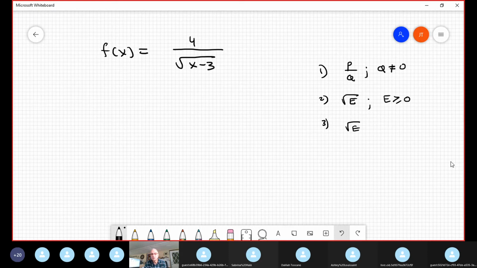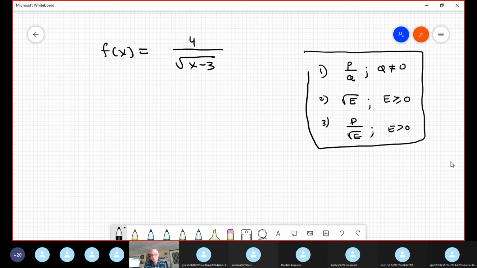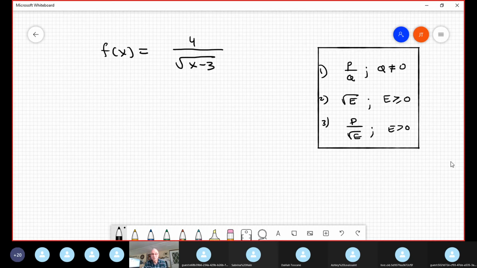Restriction number 3 is when you have division and a square root in the denominator. So P divided by radical E, E positive. It's obvious that in this specific example, the restriction that we are using is number 3 because it's a radical in the denominator. So it's easy.